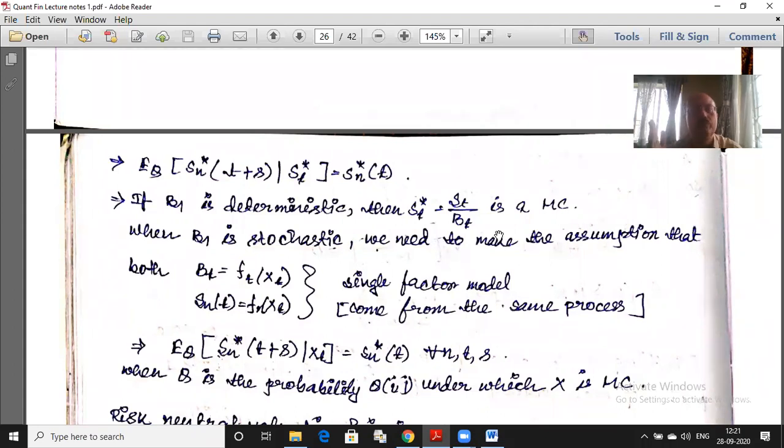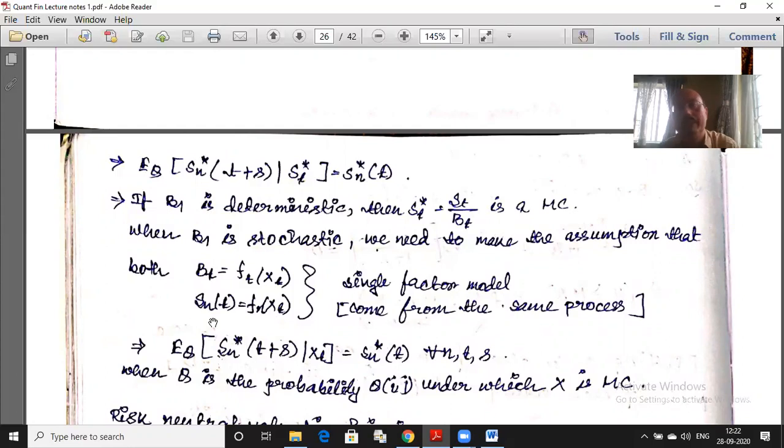Of course, there is no free lunch, something that we mentioned on the first day. If I want to give up a deterministic bank rate, if I want to introduce a stochastic bank rate, then it has to come with certain restrictions. What is the restriction? The restriction is that the source of uncertainty is common. The basic market force that creates uncertainty in the stock price, that same market force is creating uncertainty in the bank process. It's a very strong assumption.